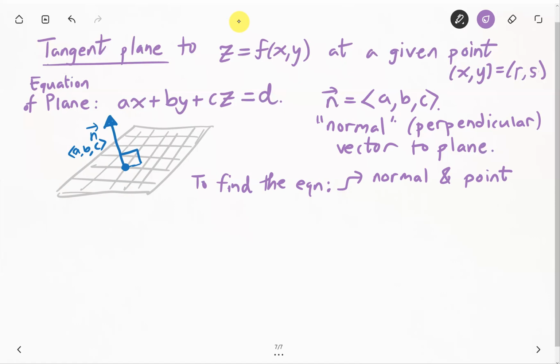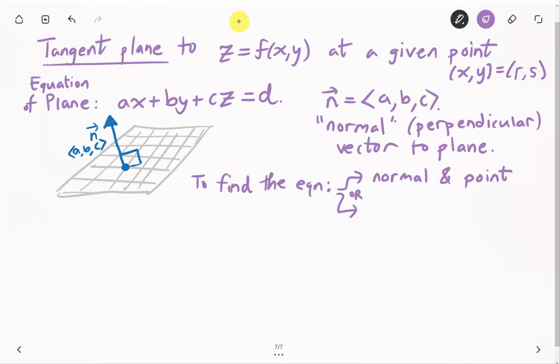The normal vector gives you the values of a, b, and c, and then you could plug in the point for x, y, and z to calculate the value of d for your equation of the plane.